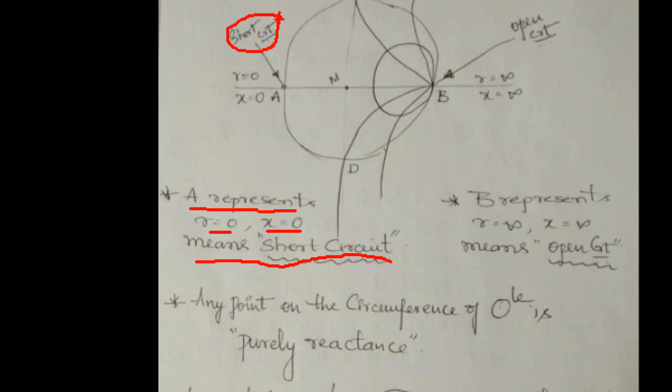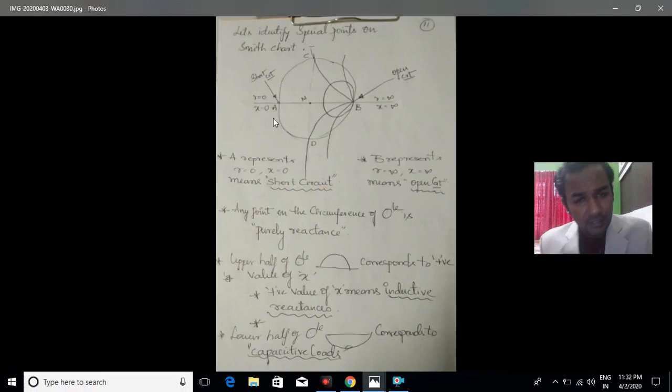We can analyze directly. If resistance and reactance are equal to 0, then the circuit we have built is a short circuit.